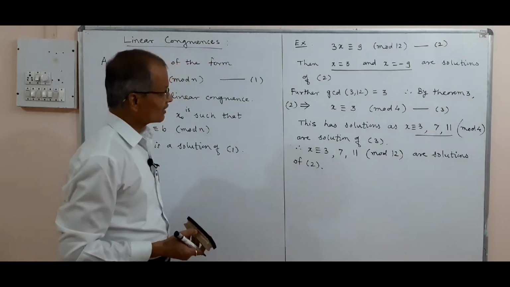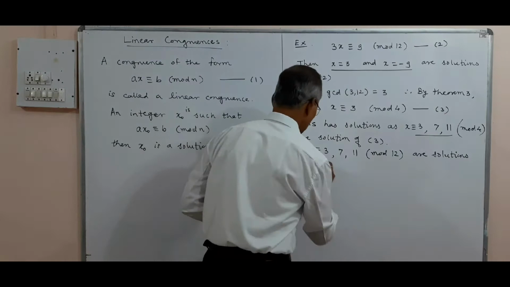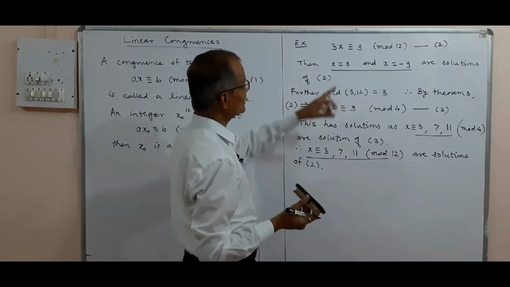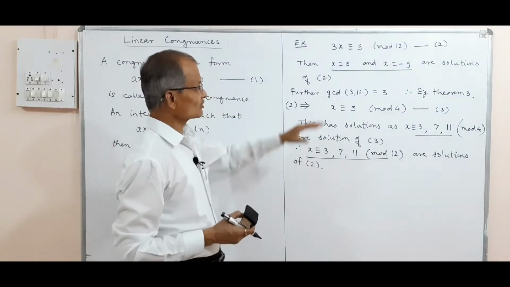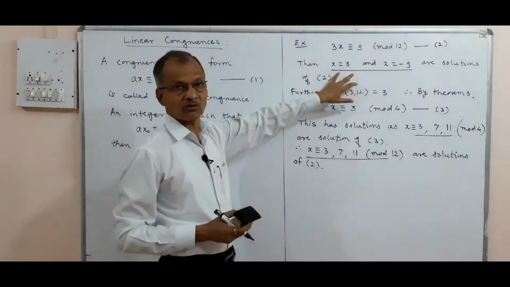And now what is the difference between this solution and this solution? Here, these two solutions, x is equal to 3 and x is equal to minus 9, are solutions of the second, but these are congruent to each other.